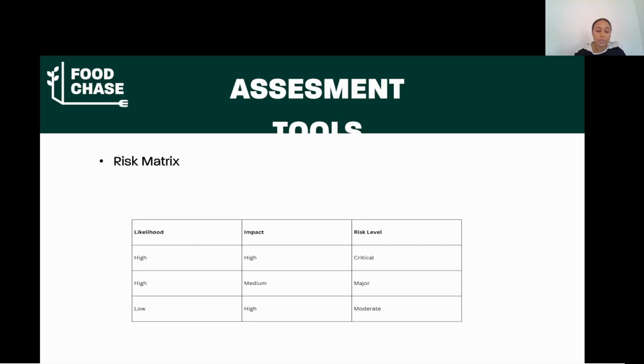This matrix helps prioritize your response. You generally can't manage every risk equally, so you need to put them in a hierarchy so you can handle it step by step moving forward. And this matrix points out where to focus first.